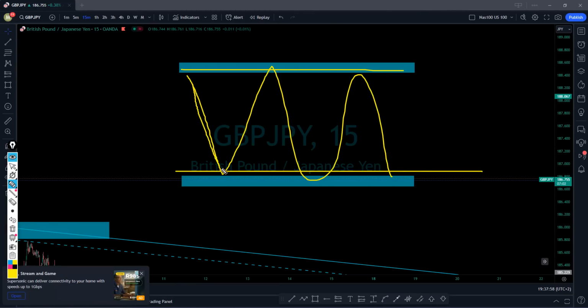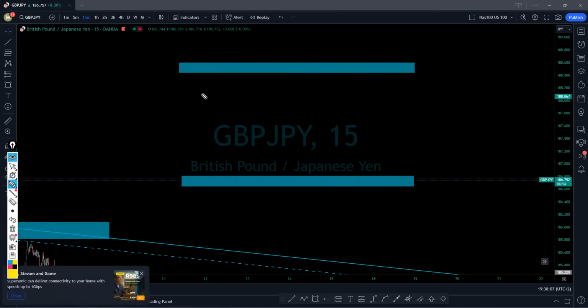We see it by bouncing back from the support area, or maybe bouncing back from the resistance area. But we don't just say, just because the market is going down, let's start to buy while it's still going down. No, you will be trying to be in front of the market. What if the market doesn't bounce back and it just continues going lower?